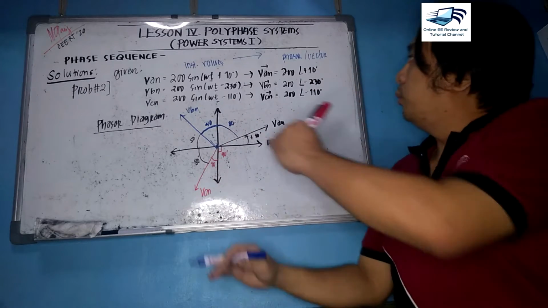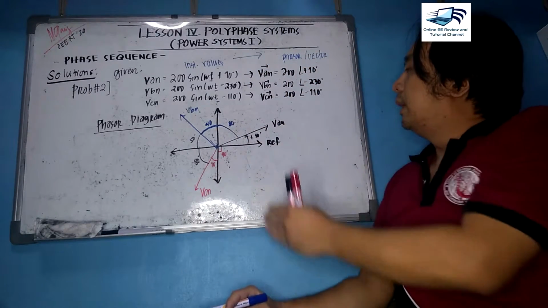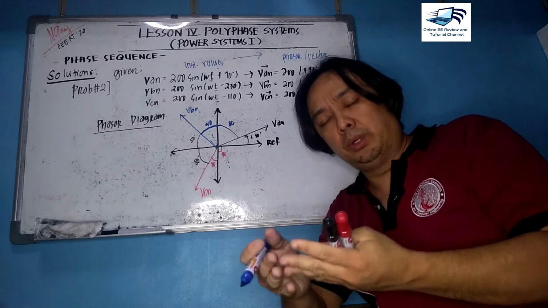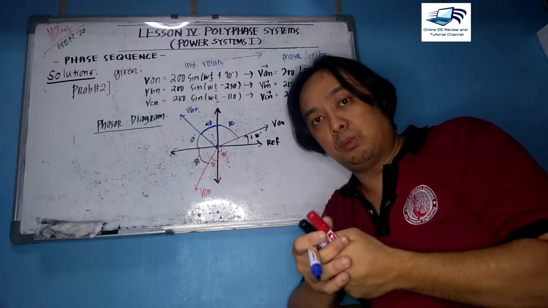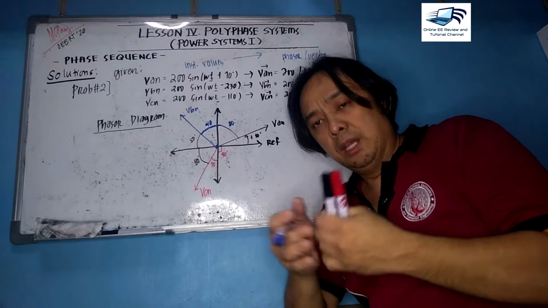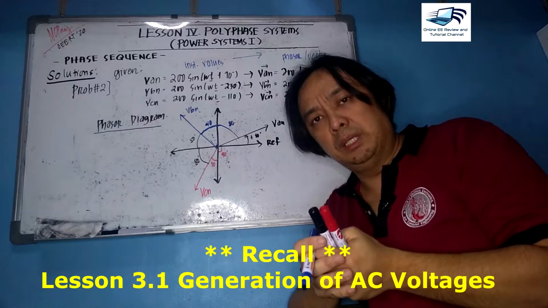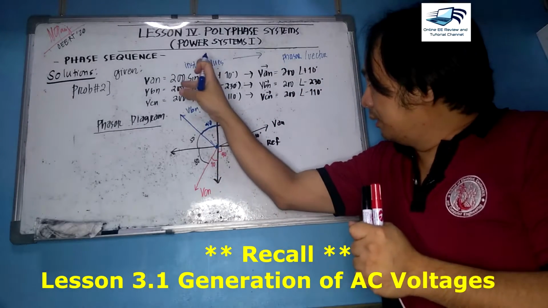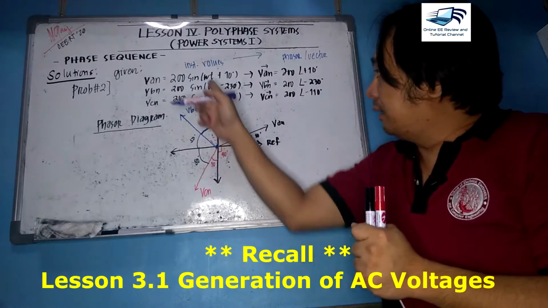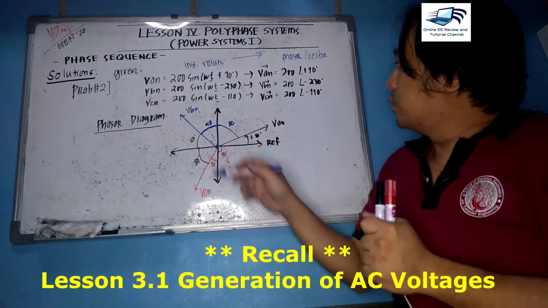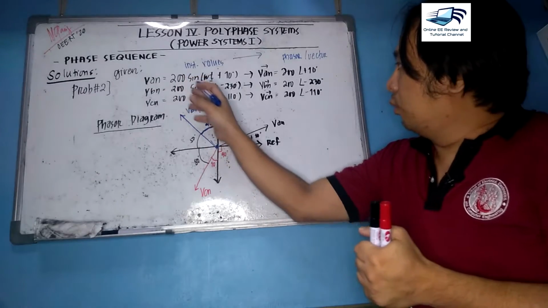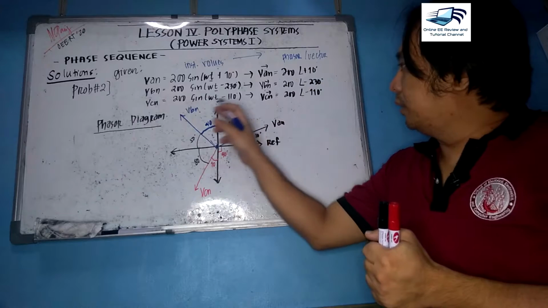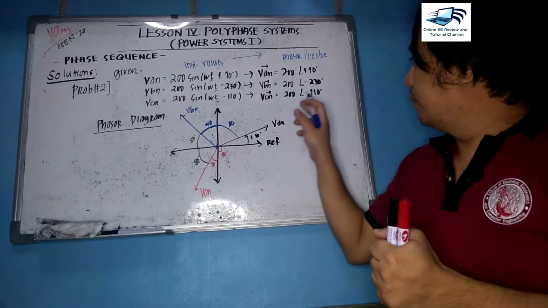When we convert to phasor, we have this formula on a separate lecture, from AC circuits, which is the generation of AC voltages. You can check that video there, and you can see the fundamental that we can convert an instantaneous value to phasor value. So it will become like this: 200 angle 10, 200 angle negative 230, and 200 angle negative 110 degrees.